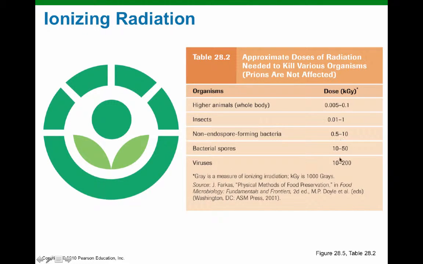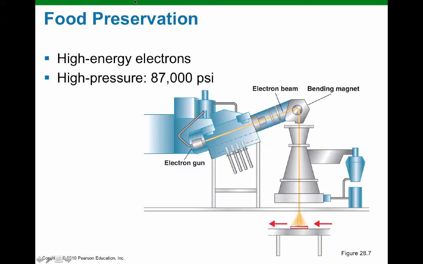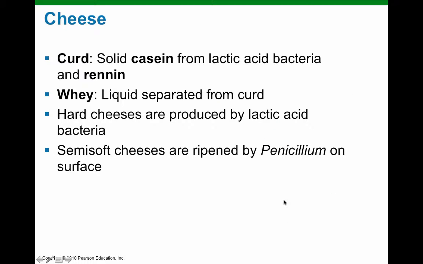So we know the specific saturation point or threshold for each one of these microbes, and so we can then tailor the ionizing radiation treatment to destroy all of the potential pathogens that may be in that package. Also, high energy electrons or pressure can be used as well in the food preservation process.